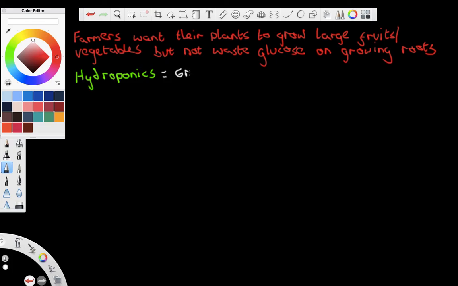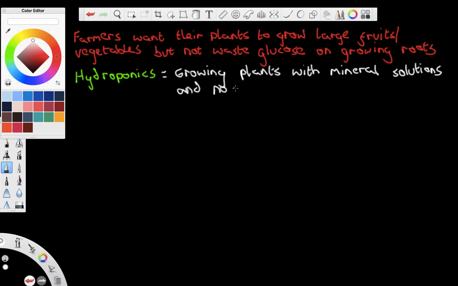So, growing plants with mineral solutions and no soil.